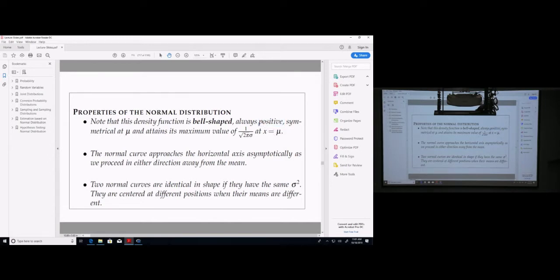But this is the actual situation. It is always positive. It is symmetrical at the mean. All right, the plot will show it, and it attains its maximum value at the mean. Now, the maximum value, we haven't introduced a term called the mode. The mode or the maximum value is especially interesting for a discrete random variable. If you are selling shoes, you stock up more for the mode of the shoe size.